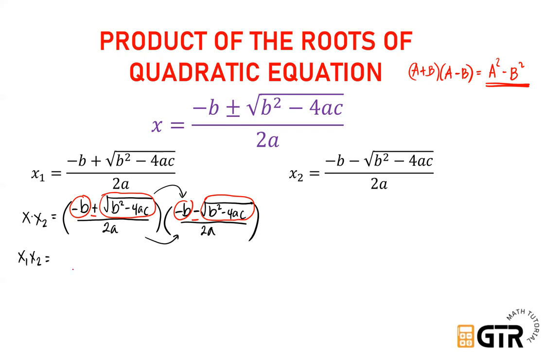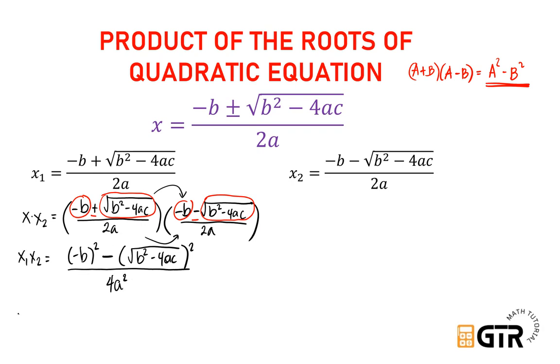Ang magiging numerator na lang natin ay square natin ang first term, so negative b squared, minus the second term squared, square root of b squared minus 4ac, squared. And then we multiply the denominator, 2a times 2a, so that is equal to 4a squared.